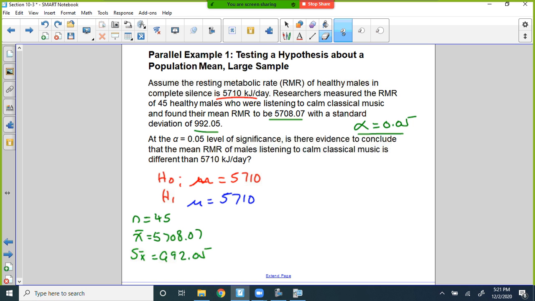I shouldn't put that. That's the null hypothesis. That's 10.1, right? 10.1 sets up how to determine your null and how to determine your alternative hypothesis. So if you're still a little confused on that, look at that, okay?